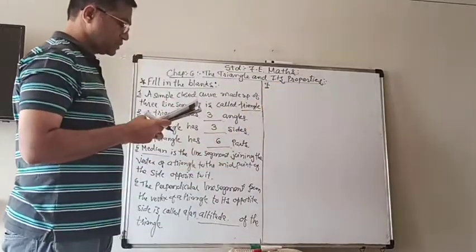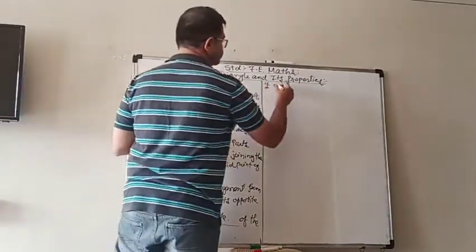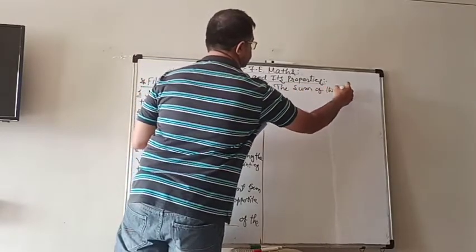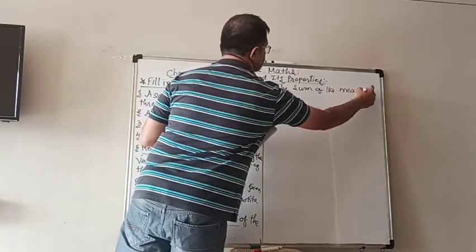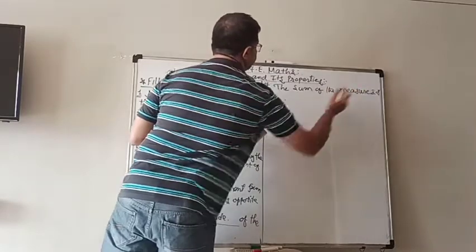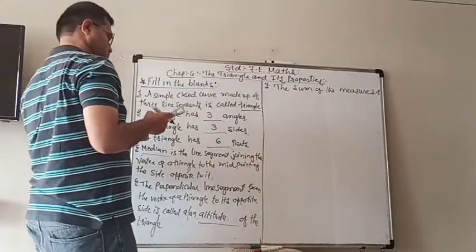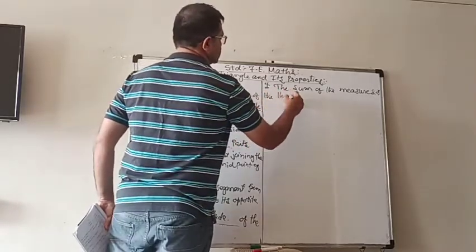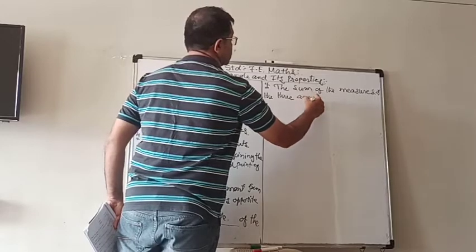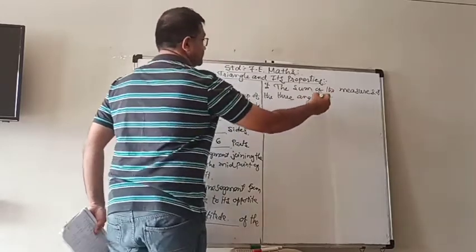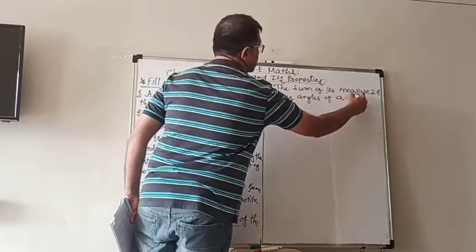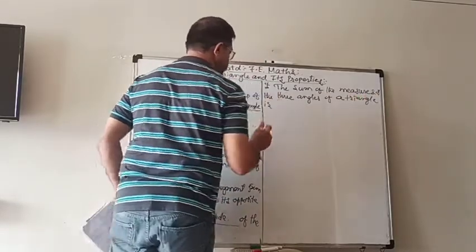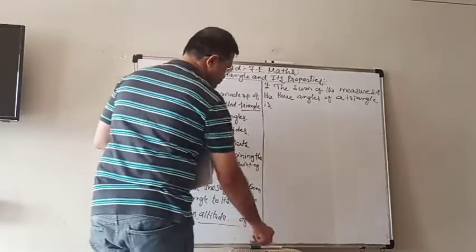Seventh blank. The sum of the measures of the three angles of a triangle is blank.